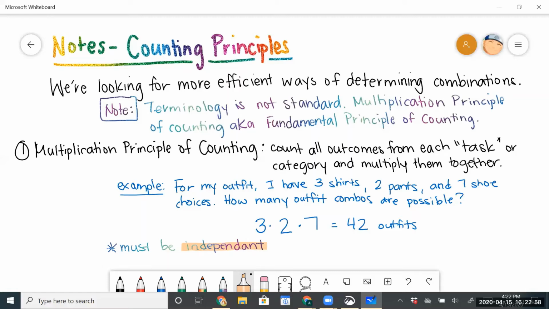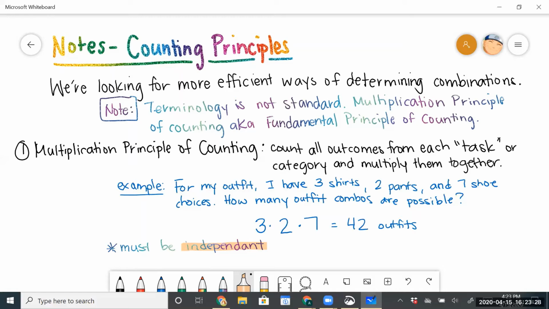So let's, for this example's sake, consider the possibility that I don't care about matching my clothes. Let's say I don't care about matching colors, you know, I don't care about color coordinating. Everything's just independent of itself. I can wear whatever I want together with whatever's given, okay?